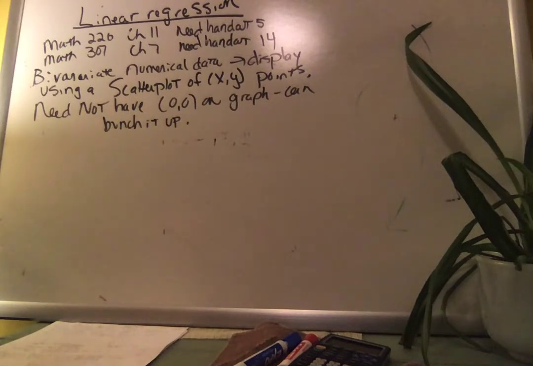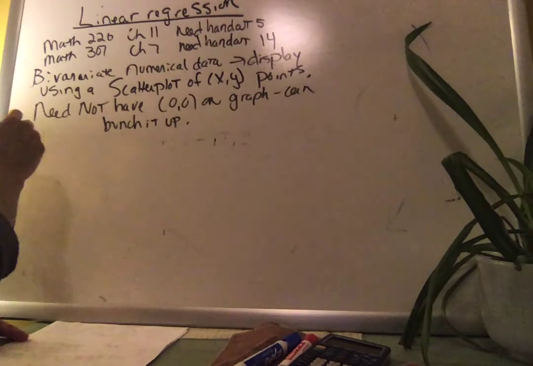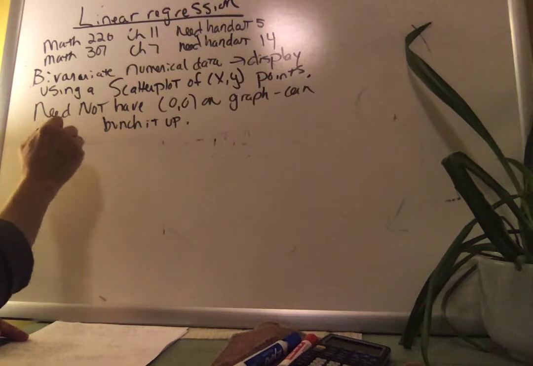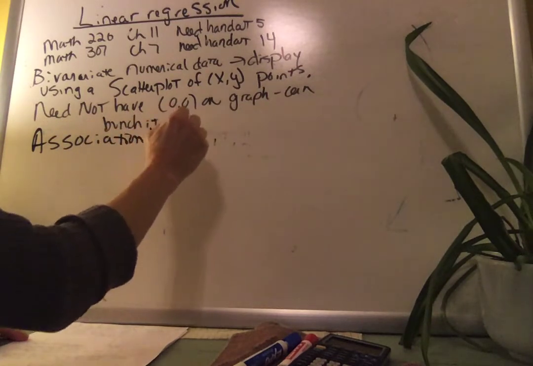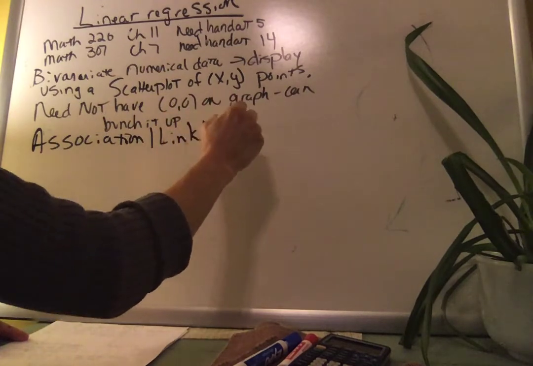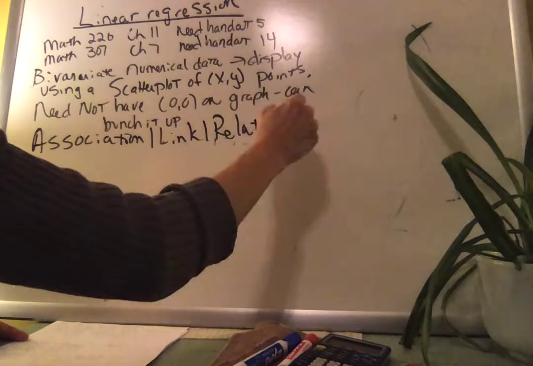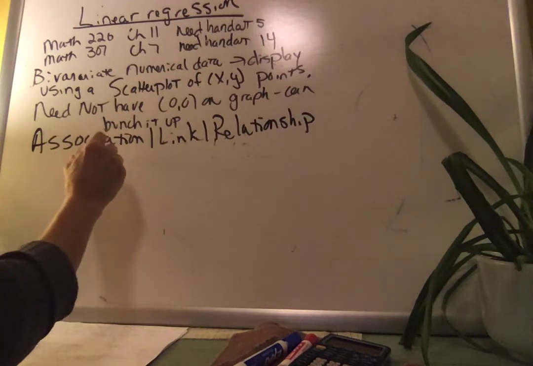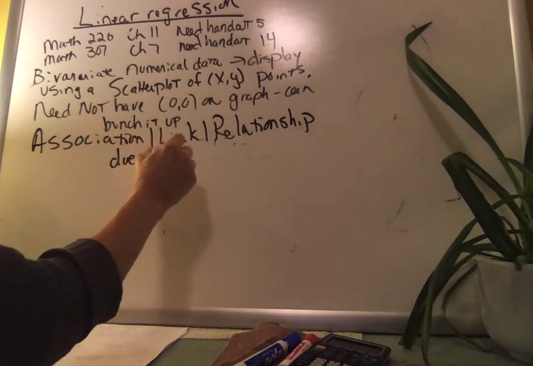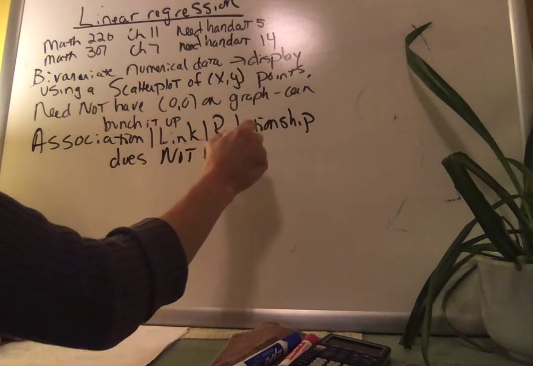Throughout this, you're going to hear me use the words, is there a relationship between the 2 variables? We might say an association or a link or a relationship. Those are all correct and appropriate words, right? But this does not mean causation.